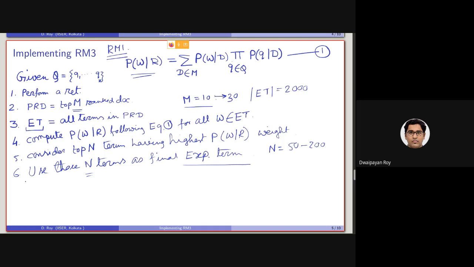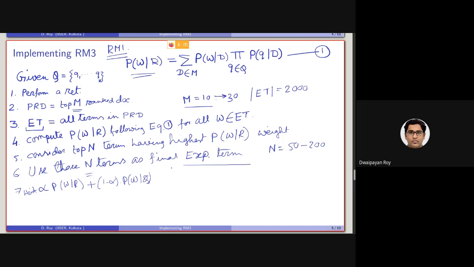And finally in step 7 we use this alpha. I mean, we compute this alpha into P(W given R) plus 1 minus alpha into probability of W given Q to get the RM3 weight.